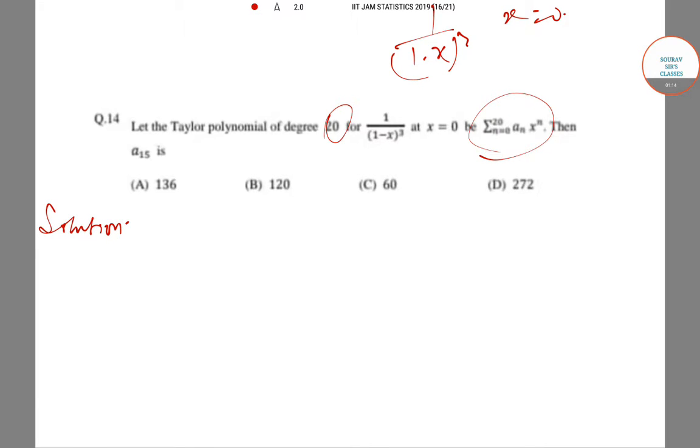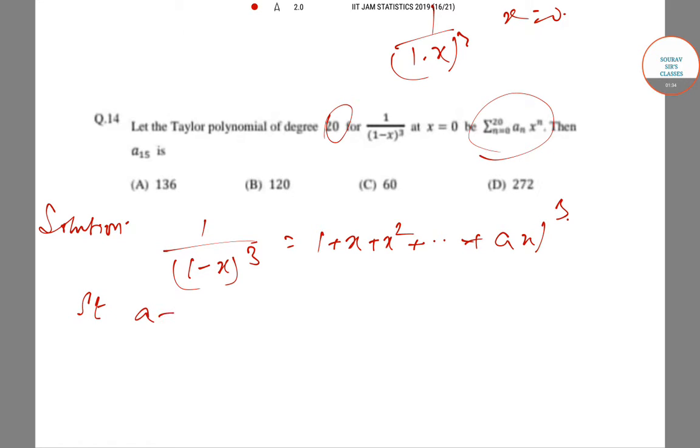Very simple question. So 1 by (1 minus x) whole cube is equal to 1 plus x square plus up to a x to the power cube. This situation is similar to finding the number of non-negative solutions subject to a plus b plus c equal to 15.